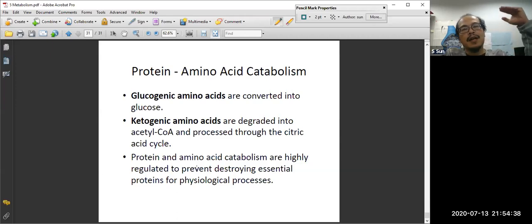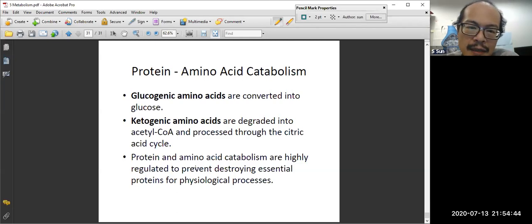So we have the carbohydrates, lipid, now protein. One thing about protein is that it can be burned, but it's the last resort. We don't usually do that. When we break down protein, we have different amino acids. In our body, we have about 20-some types of amino acids, so each one could be different.